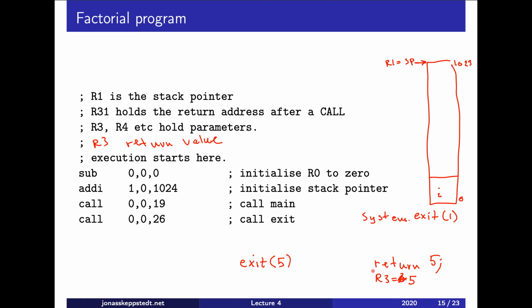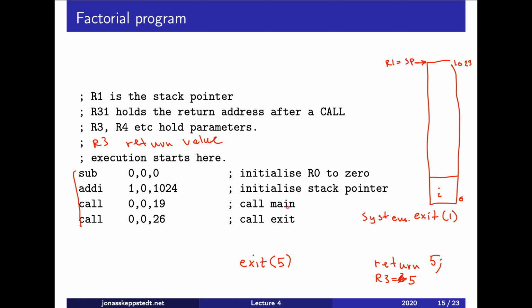So why? Well, since this assembler code uses R3 and then calls exit, it will be the same thing as if main called exit with the return value. And this is not a coincidence, because at least on Linux and Mac OS, but I'm sure on most other systems, there is some startup assembler code which sets up the stack pointer, and then we have this.